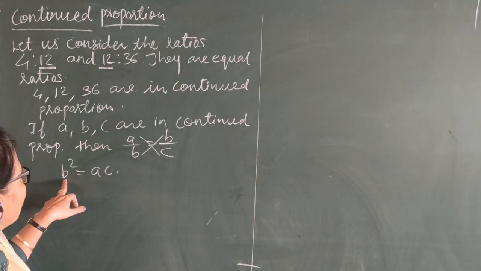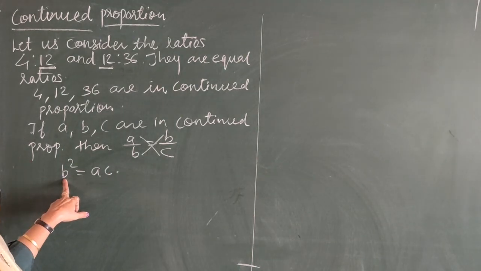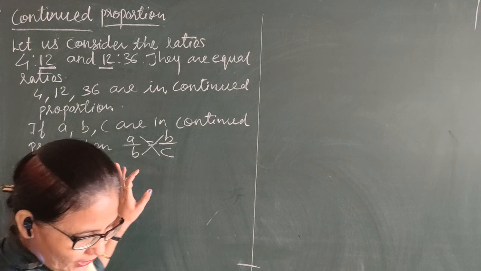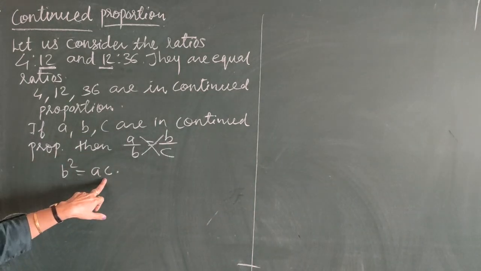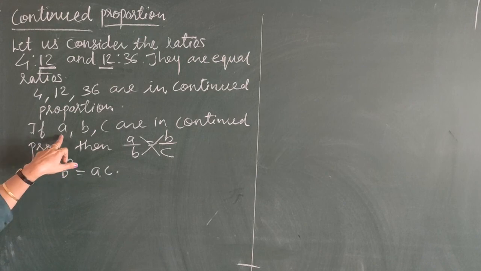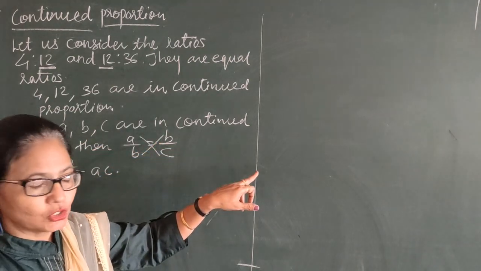It means here B is the geometric mean of A and C. So if B square is equal to AC, it means A, B, C are in continued proportion.